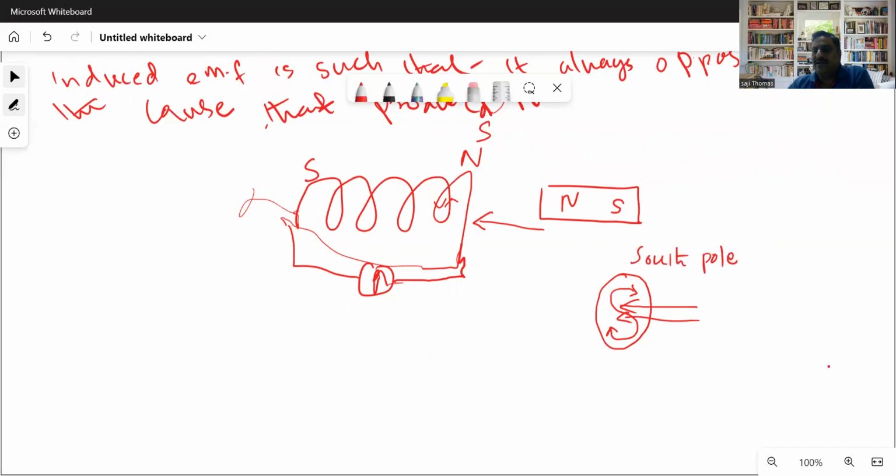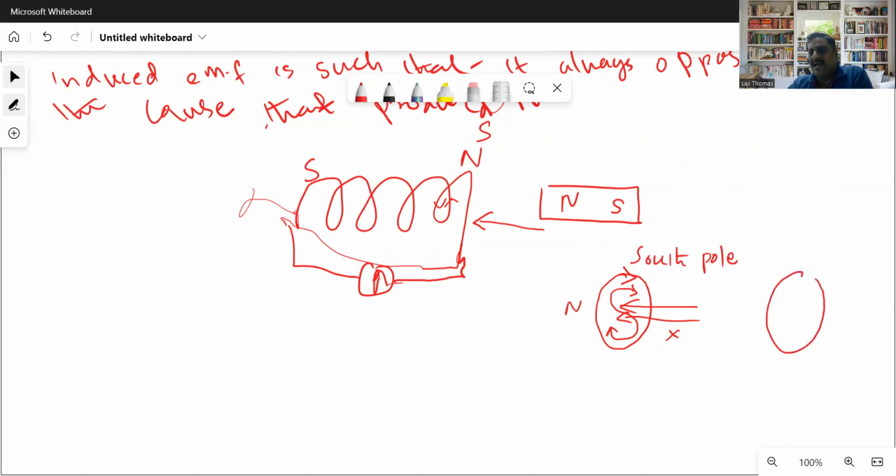Always remember, if current is in the clockwise direction, this face will be a south pole. So the magnetic field will be into, like this. We represent magnetic field into, right? The opposite side will be the north pole.